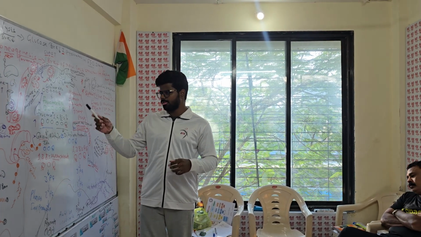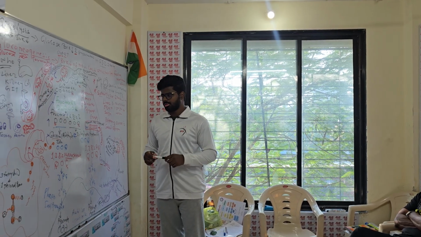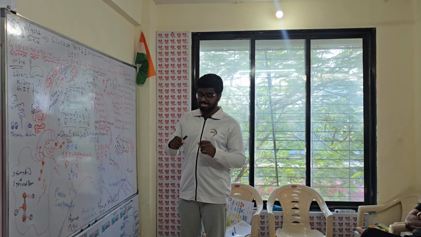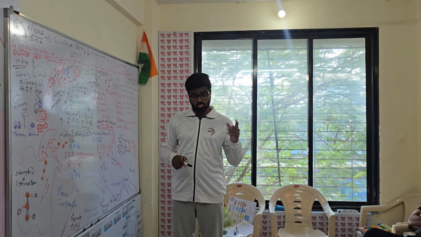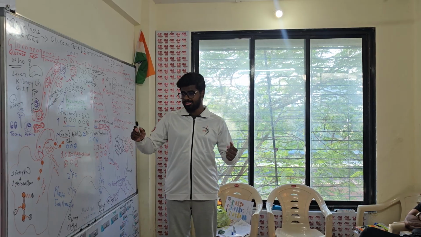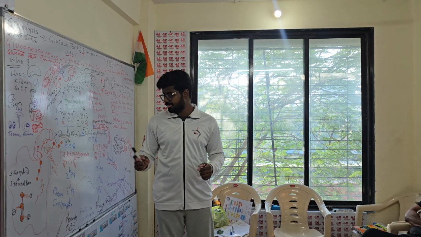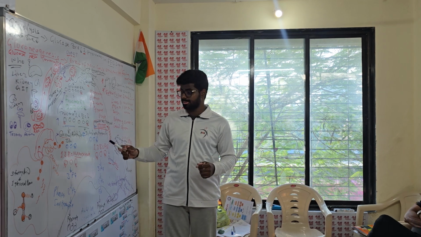After glucose 6 phosphate converts into fructose 6 phosphate, the liver again decides to add one more phosphate at the first position of fructose, and the name becomes fructose 1,6 bisphosphate.